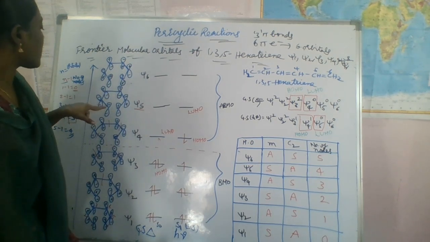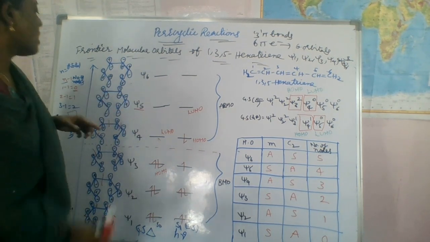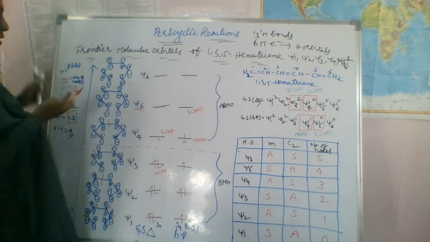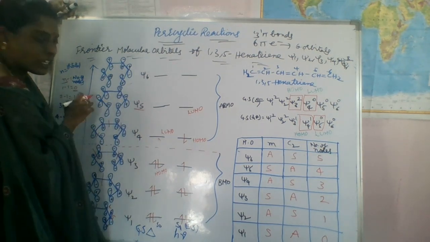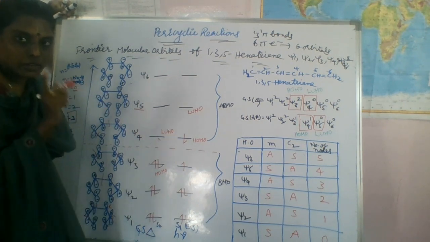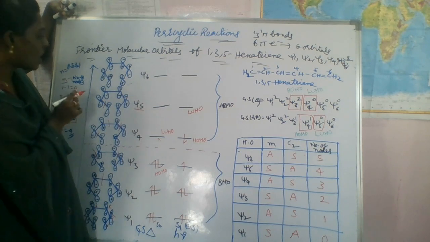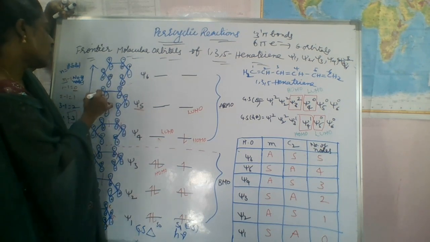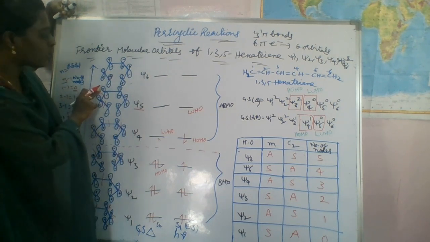If you see here, this is plus, minus, minus, plus, minus, plus. How many nodes are there? Here minus and plus is there, plus or minus, whatever it may be, so we consider 1 node. Here one node is there because this is minus and this is plus.